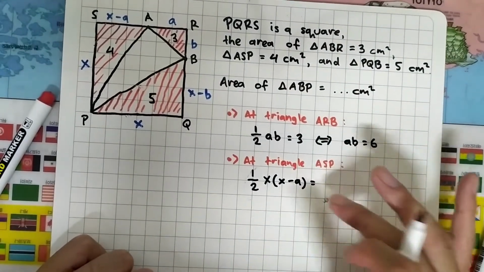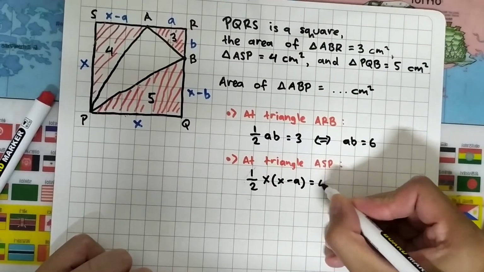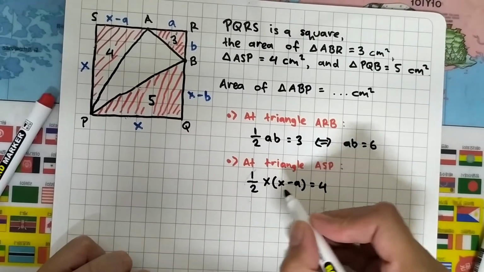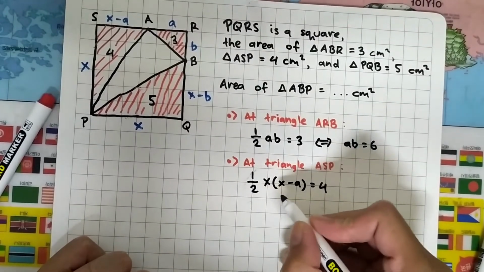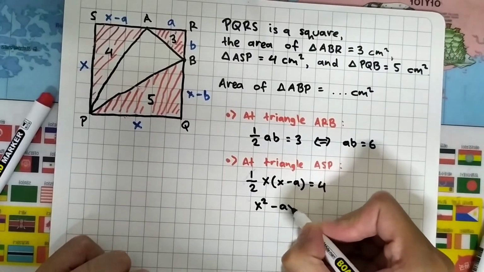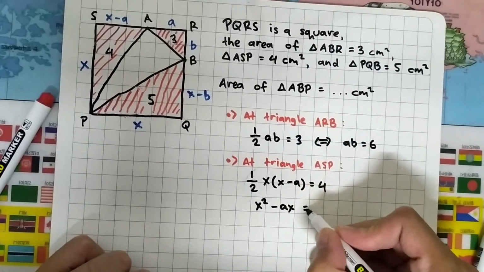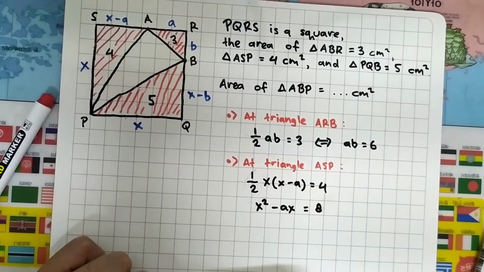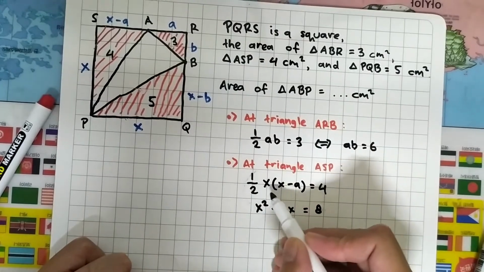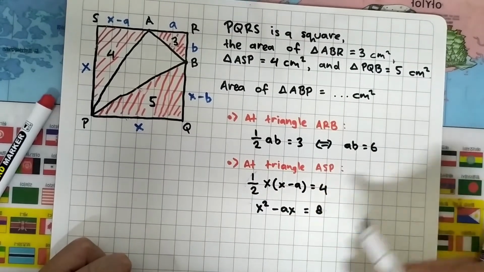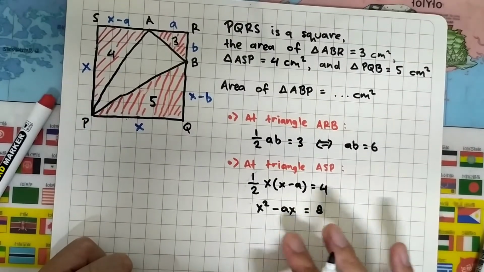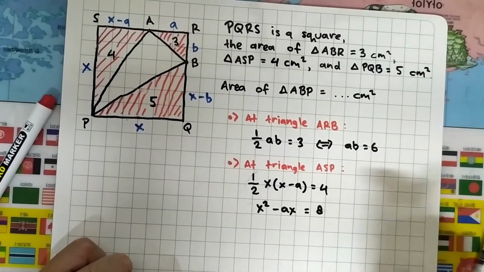Not 8, it's 4. Sorry, it's 4. And we have this equal to x squared minus ax is equal to 8. So I multiply both sides by 2, and I multiply this x with this x minus a, and I think this is enough for now.